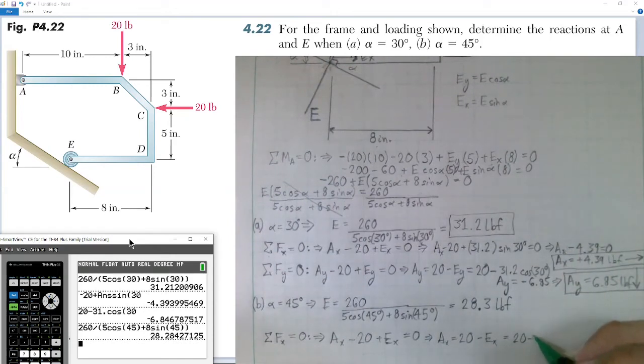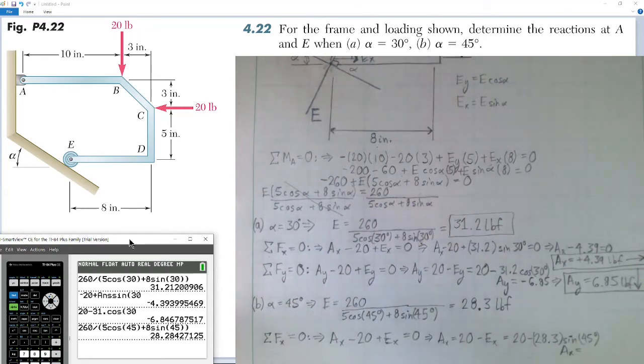We know E is 28.3 pounds multiplied by the sine of 45 degrees. And this tells us Ax will be equal to, just type it in, so we have 20 minus the number we just got, second answer, times the sine of 45.